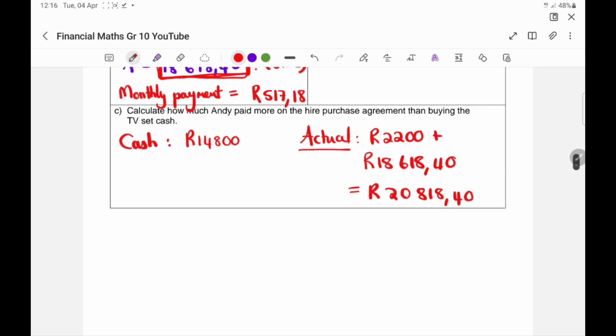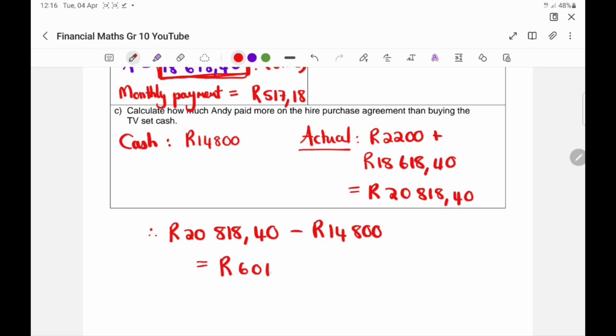But remember, they ask you what is the amount that Andy paid more for it on hire purchase than buying it cash. It's like we say, cash is king. You always want to do cash, but not everybody can always do cash. So it's 20,818.40 minus what you could have paid for it cash if you had the cash. So how much more did you pay for it, dear old Andy? 6,018.40 cents.